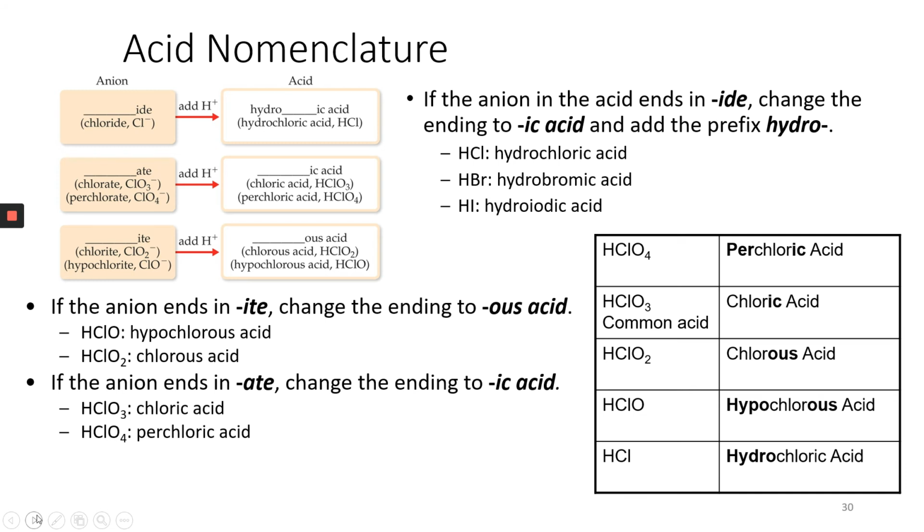So let's incorporate this into acids. Your acids are when you take hydrogen and you bond it to a polyatomic ion. And there are 2 types of acids: your binary and your oxyacids. Binary have 2 elements, and you use hydro when you're naming them.